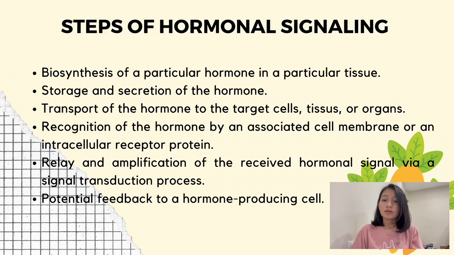Fifth, relay and amplification of the received hormonal signal via a signal transduction process. Lastly, the potential feedback to a hormone-producing cell. Those are the six steps of hormonal signaling.